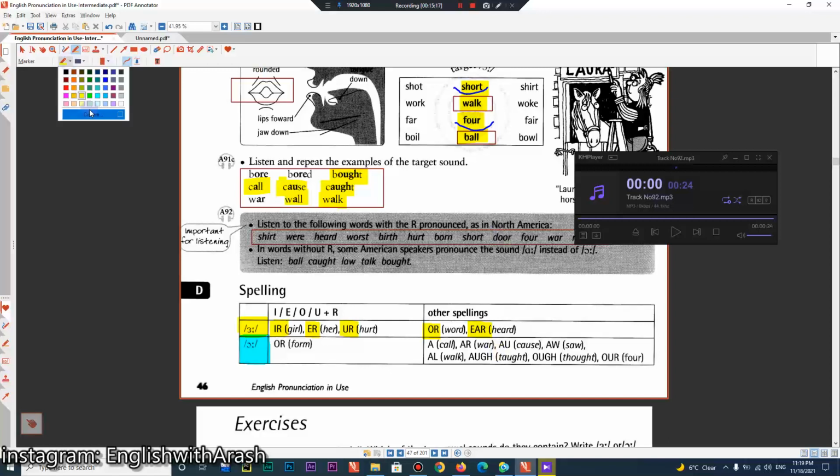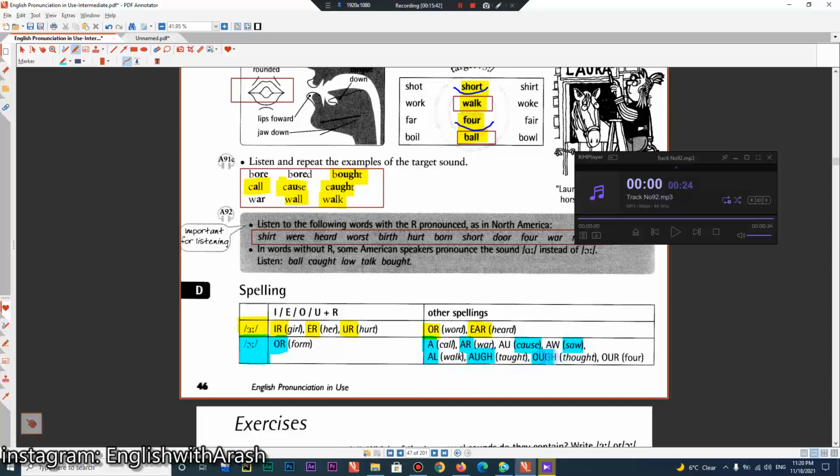Now let's go to the O sound. OR is a common spelling form, like form. A can also be the O sound, especially in British, like call. However, in American it's call. AL like walk, war, taught, cause.